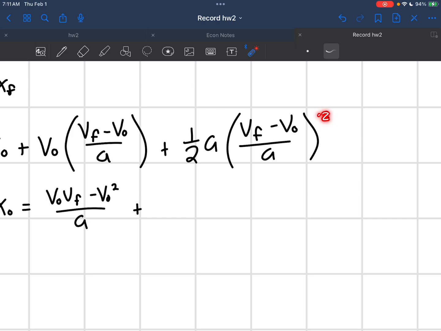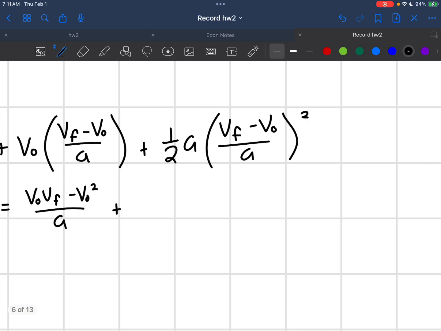This squared can go to my numerator and to my denominator. I can square them individually, because then what I'll end up with is something times a divided by a squared. So that'll cancel out and leave me with divided by a. That 2 can also stay in the denominator because it's in the denominator of that fraction. So I'll end up with (vf minus v naught) squared, because I brought that in, divided by 2a.